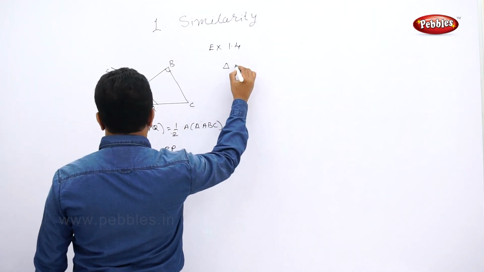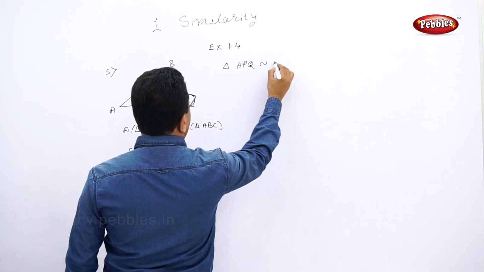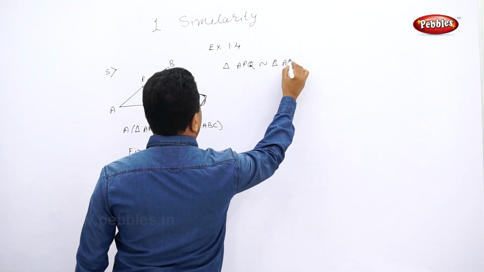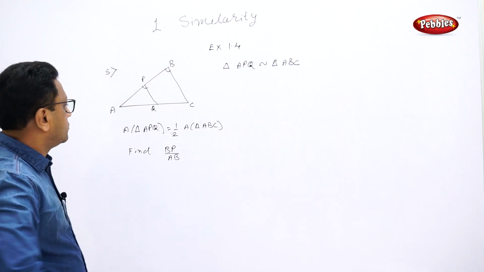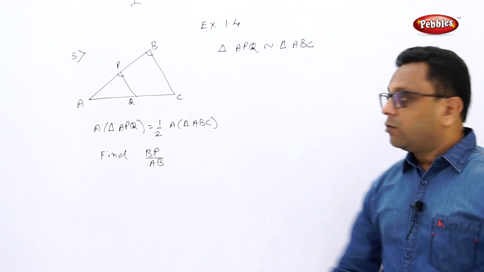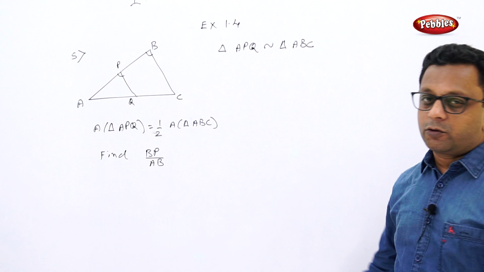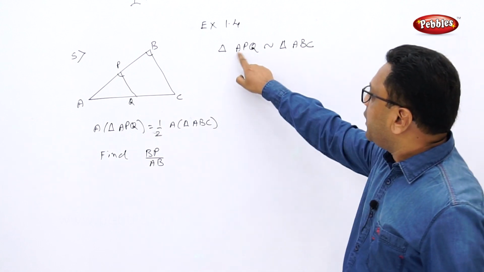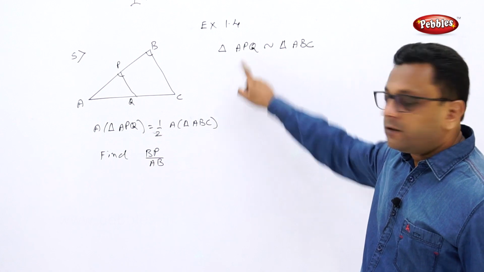triangle APQ is similar to triangle ABC. Correct? So now what do we want to find out? BP upon AB. Here AB and AP are corresponding sides. Correct?